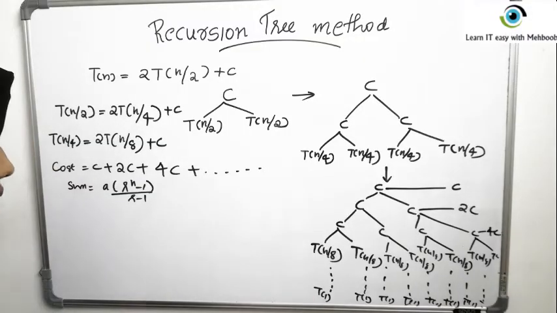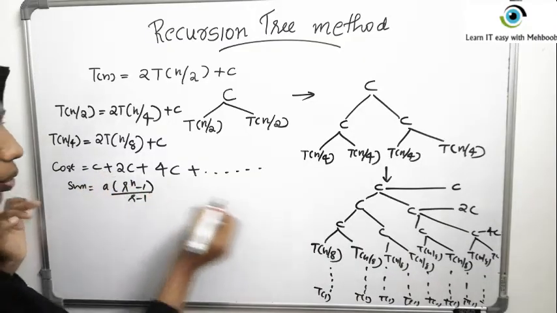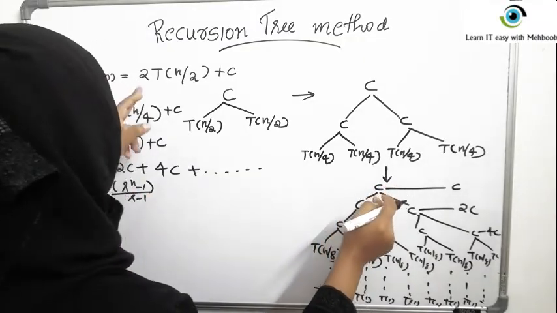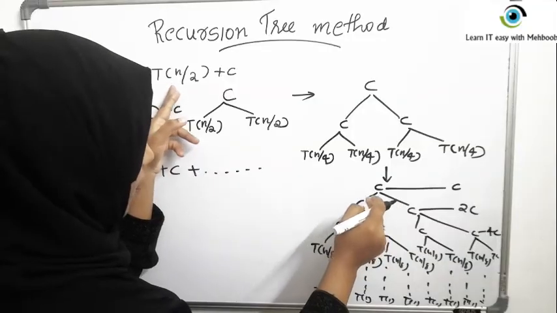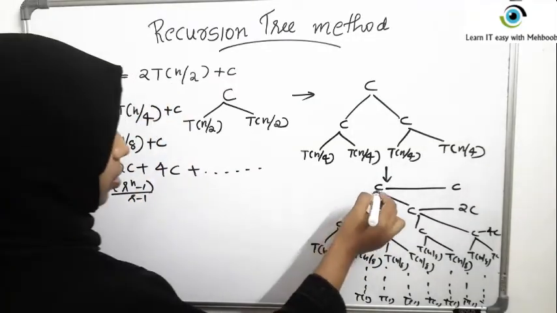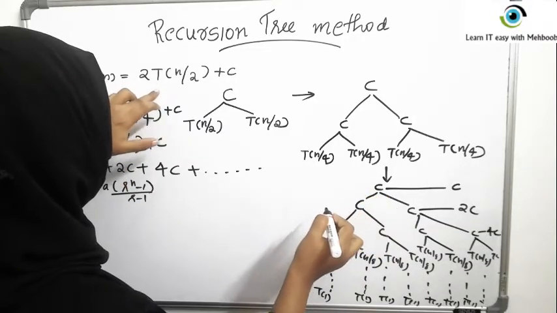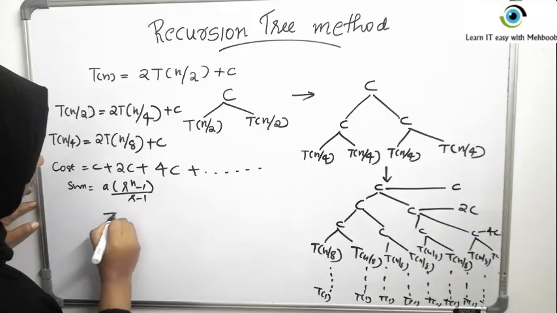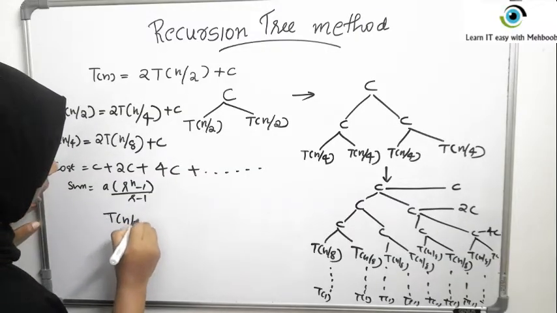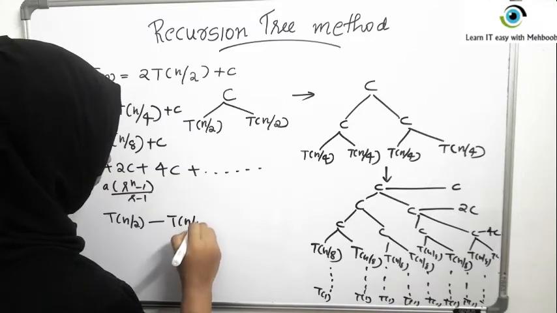So to understand that, see, this is c. When it was c in this level, it was T(n/2), that is 2 raised to 0; this term was 2T(n/2), that is T(n/2). In the next level it became T(n/4).